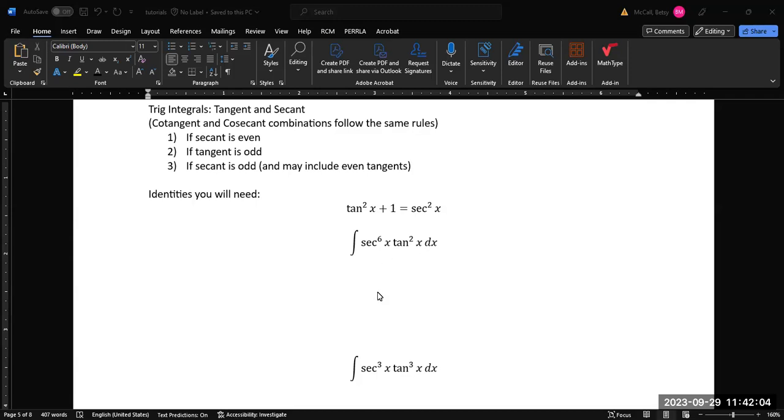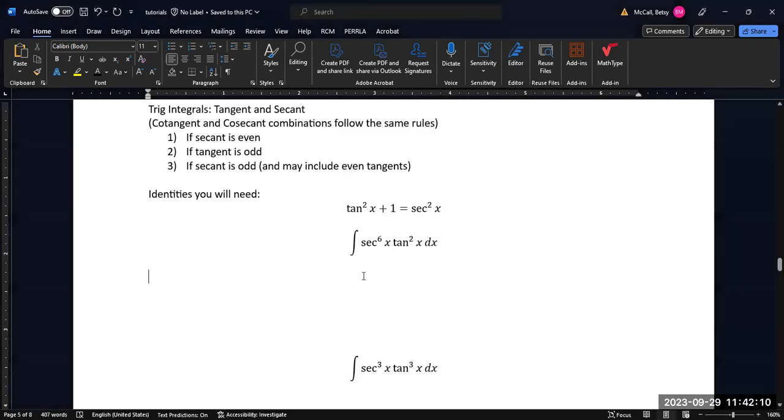All right, so let's look at our first scenario where secant is even. As I said, the rule here is with secant even, we're going to try to pull out two secants to be our du and then convert the remaining secants to tangents.